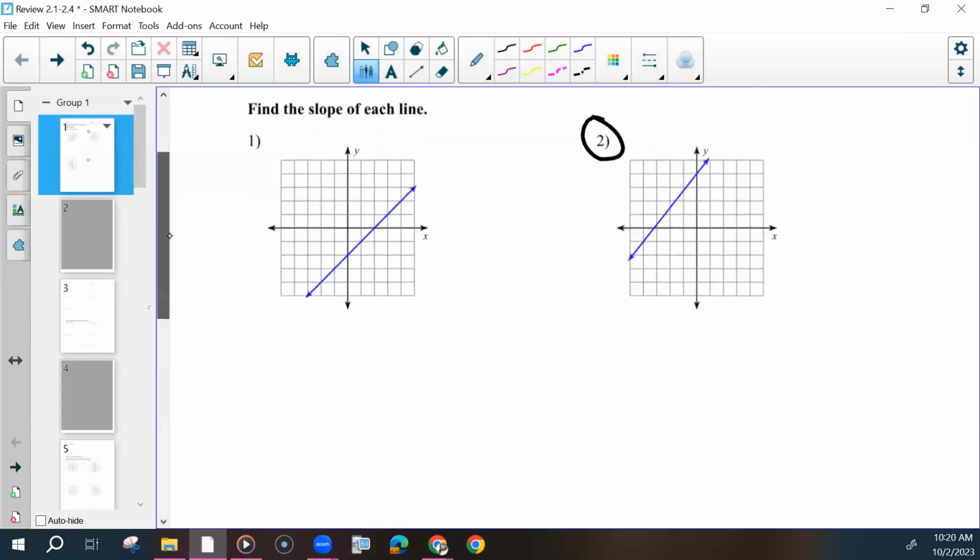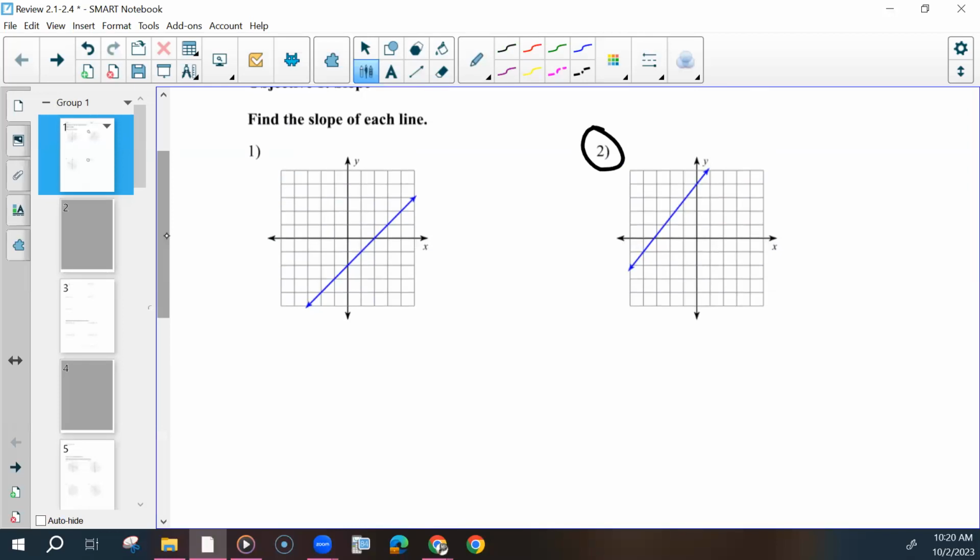Okay, so for number 2, if you're trying to find the slope from a graph, you need to find 2 points from this line that cross the grid lines exactly. So we have to look, where does this cross the background grid line? Not quite, it's super close. -4.